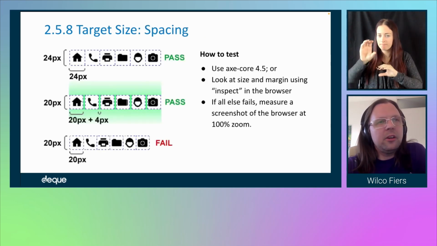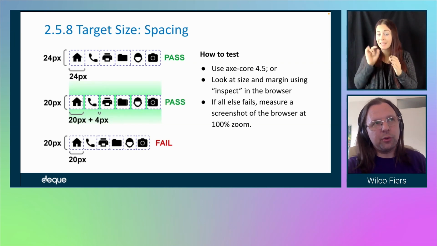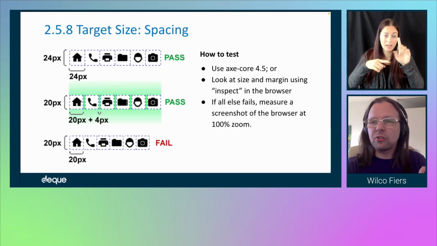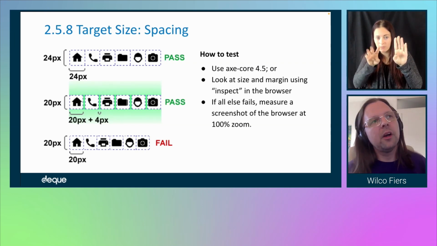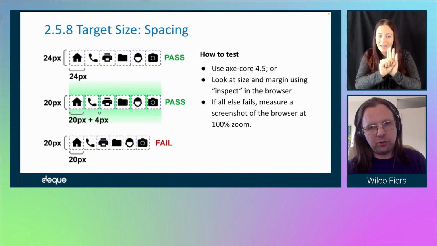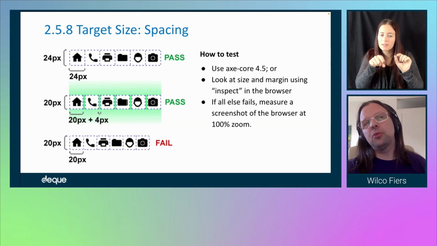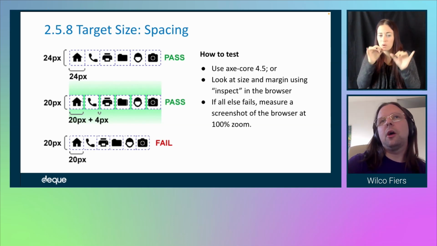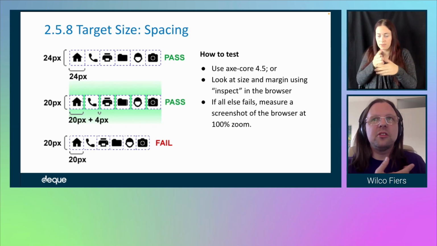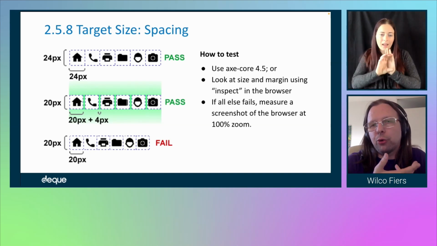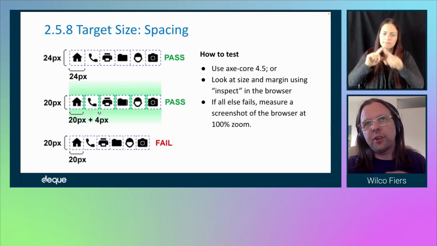So the way to think of that, if you have 24 by 24 pixel icons, you're good, nothing to do there. But if those icons are 20 pixels across, you need to have at least 4 pixel spacing between the icons. The way to test this is you could be using tools. Axe Core 4.5 is going to have a rule that checks for this.